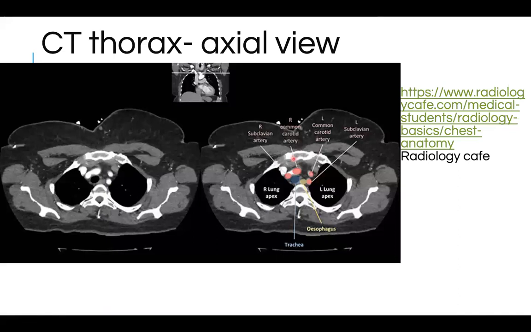Just to show you the axial view or transverse view on a CT thorax. This is taken from Radiology Cafe, also a really good resource. So you can see the different arteries here, or cross sections of them with relation to the trachea, the esophagus in yellow. And you can see the apex of the left lung and the right lung.